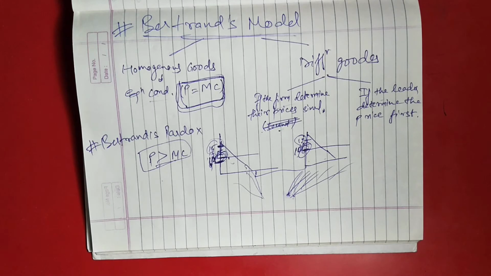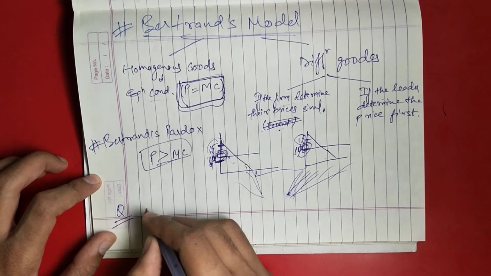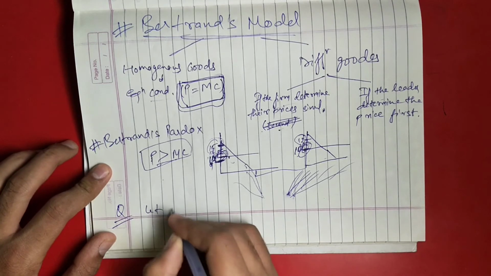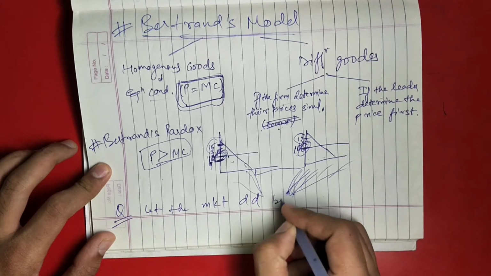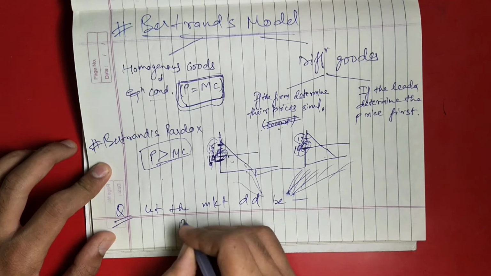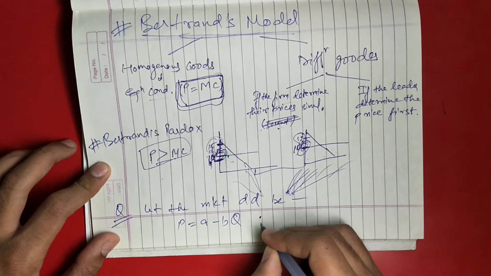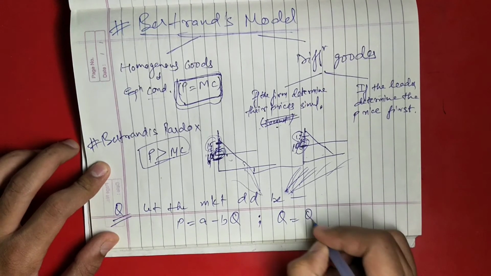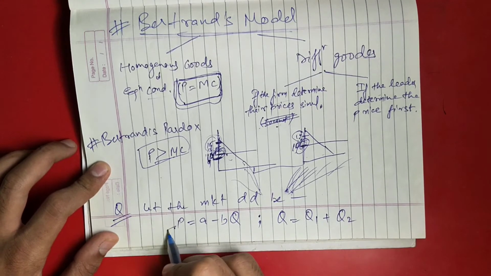Okay, so now let's start the question. First question I am taking: let the market demand be P is equal to A minus BQ, and similarly Q is equal to Q1 plus Q2. So what does it mean? That there is only a single demand function given.